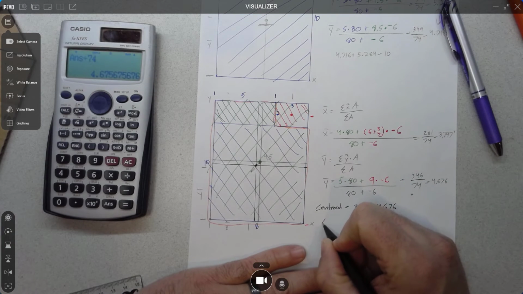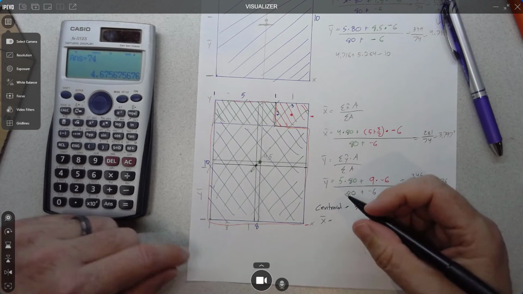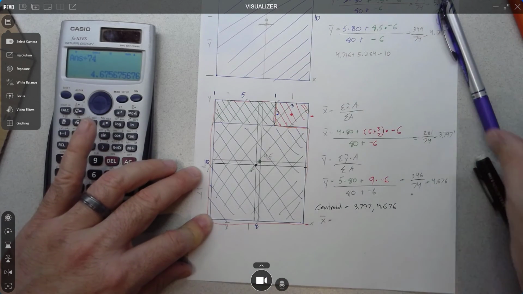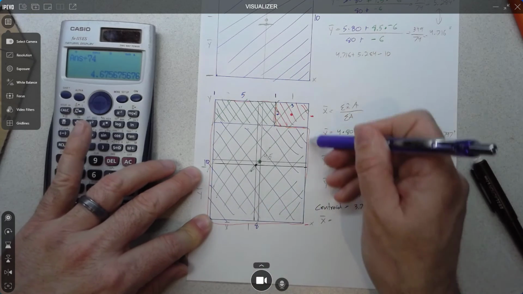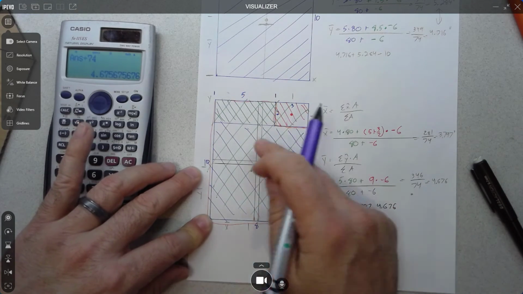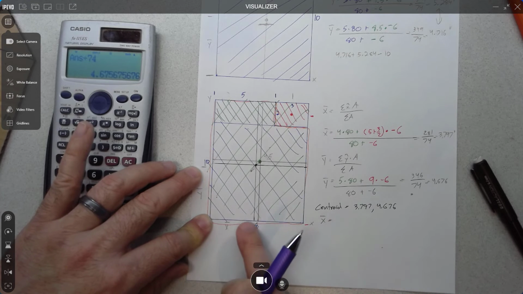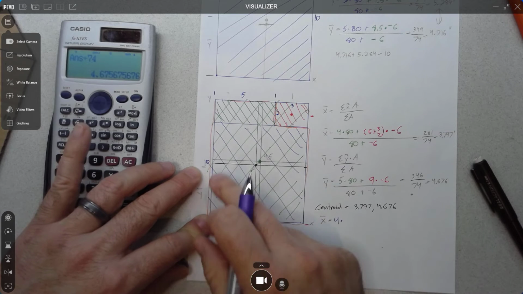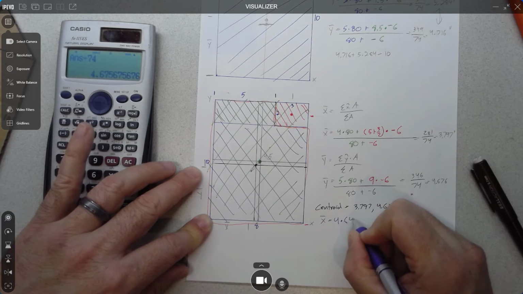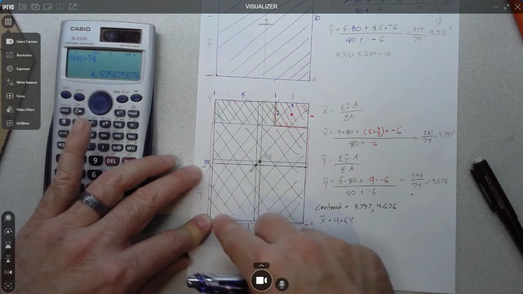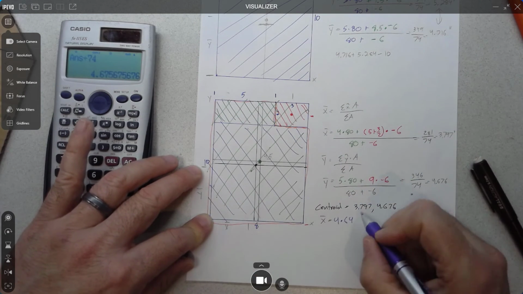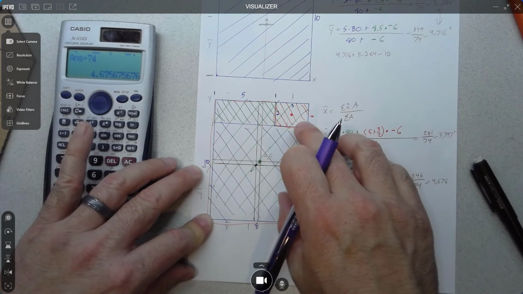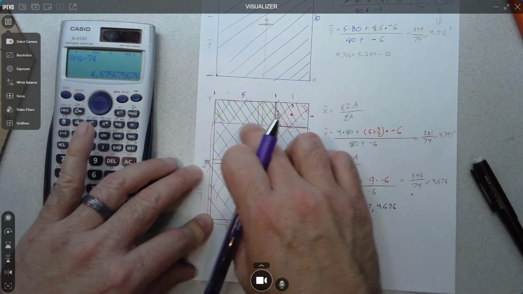So let's do x bar first. We're looking at the distance along the x-axis. For this first purple area, the 8 by 8 square, the distance to the centroid of that square is just half over, right? So 4 times the area of that square, which is 8 by 8, so 64. That's this first shape, and now we're going to add on to that, because in this way of doing it, instead of cutting away this red rectangle, we're adding on this darker green one up here.